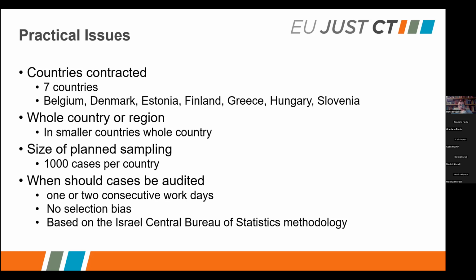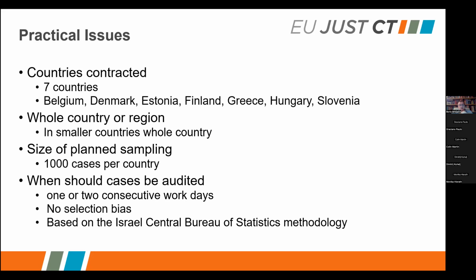7 countries were contracted in this project: Belgium, Denmark, Estonia, Finland, Greece, Hungary, and Slovenia. So the geographic spread in the EU was very good, including Scandinavian countries, Central European countries, and Southern and Eastern European countries.